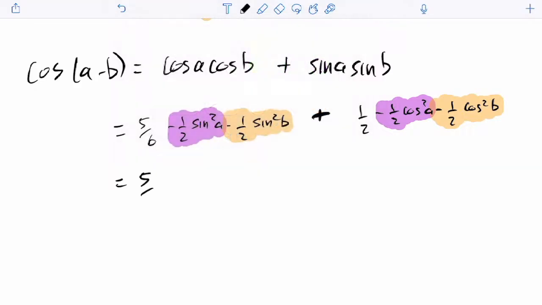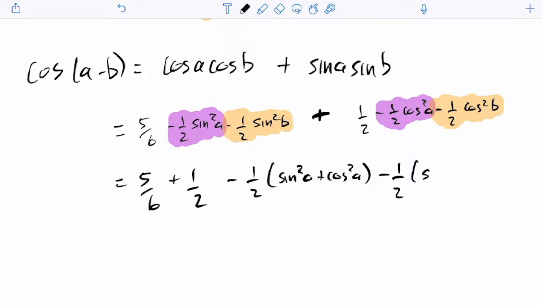So this becomes 5 over 6 plus a half minus 1 half. So you kind of have to factor out that minus 1 half. So you can get that and then factor out the other minus 1 half. So you can get this.